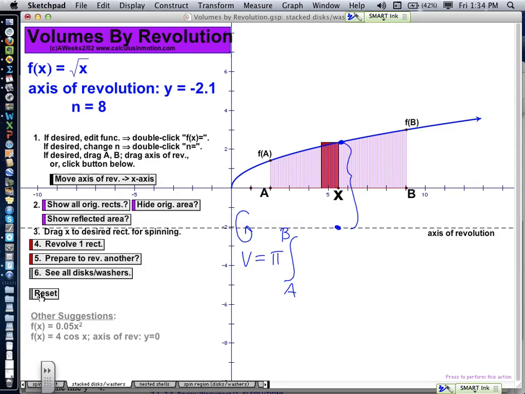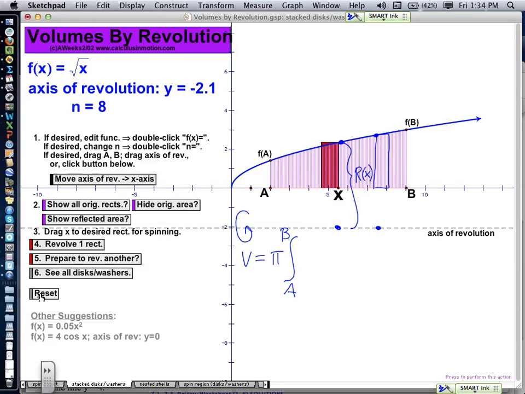Or if our rectangle is over here, the radius is this y-coordinate minus this y-coordinate. That's the distance, your outer radius, and I'm going to call that big R of x. That's the outside radius. Then the inner radius is going to be the radius of the hole.